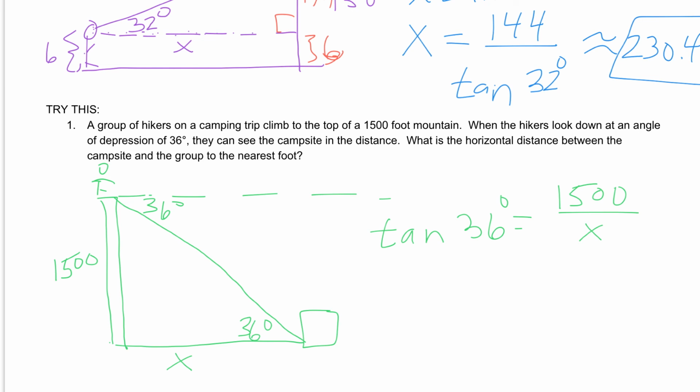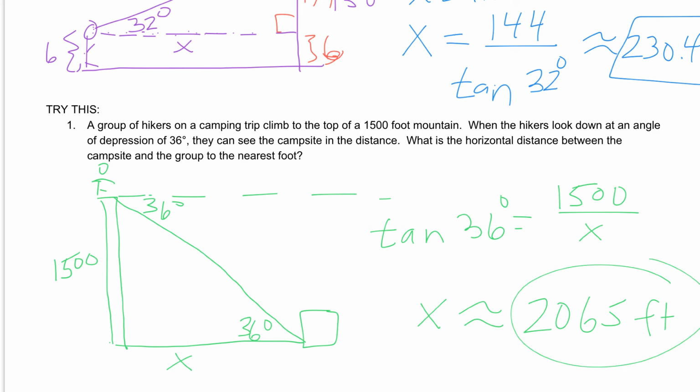So then if we take 1500, we'd have to divide it by the tangent of 36. You should get x to be about 2,065 feet if you're rounding it to the nearest foot. If you have any questions on that, please let me know.